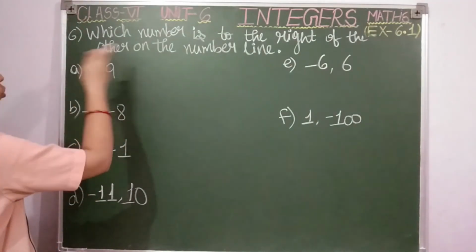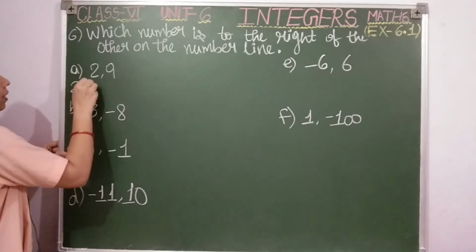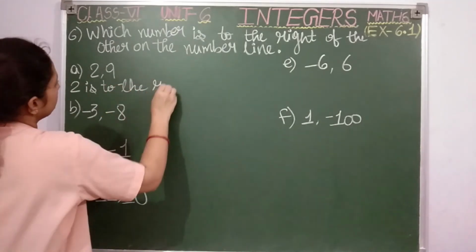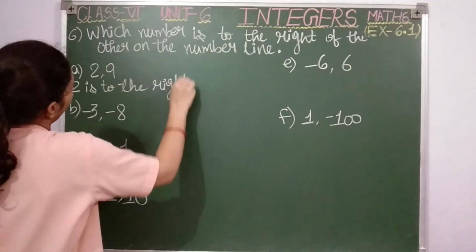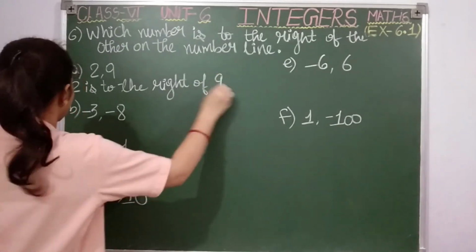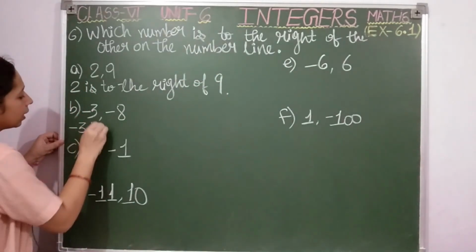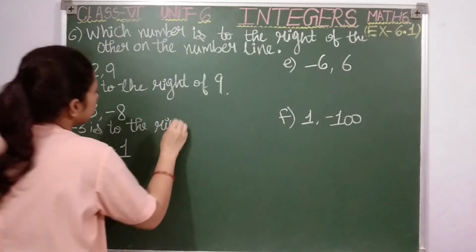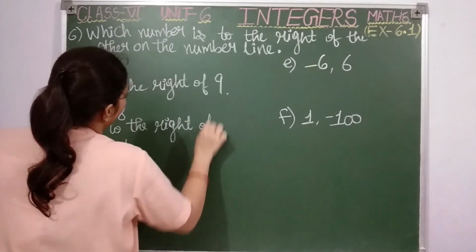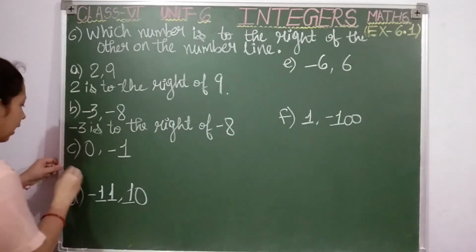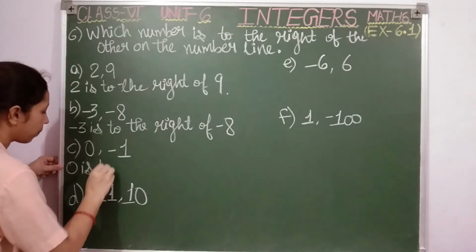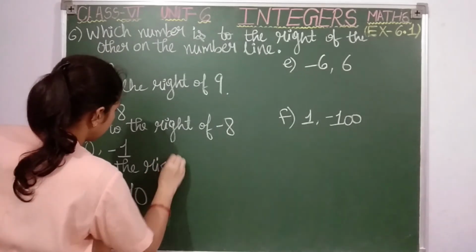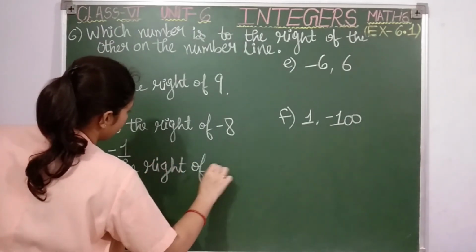Here 9 is to the right of 2. So simply I will write 9 is to the right of 2. Clear, students? Here I will write minus 3 is to the right of minus 8. Okay, here 0 is to the right of minus 1.